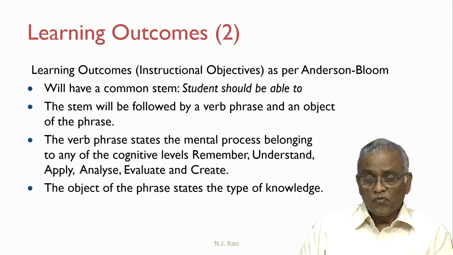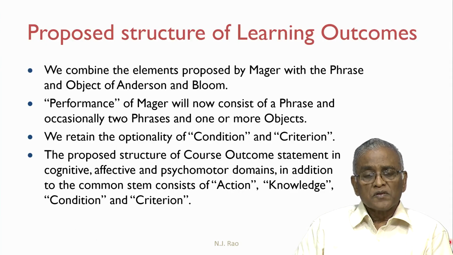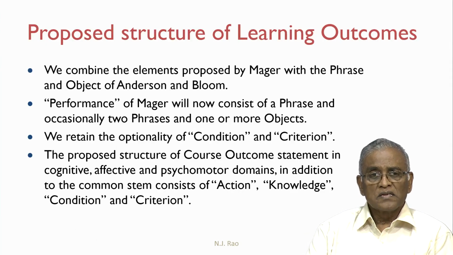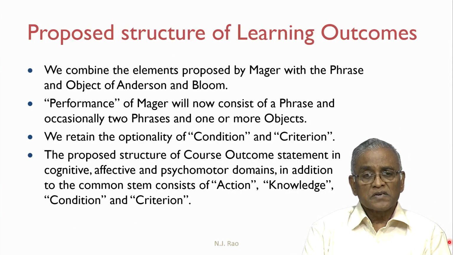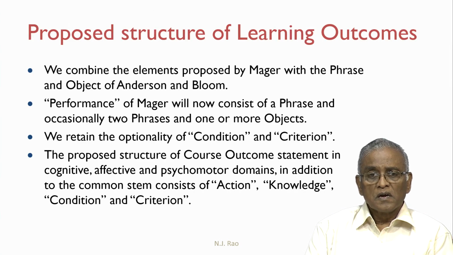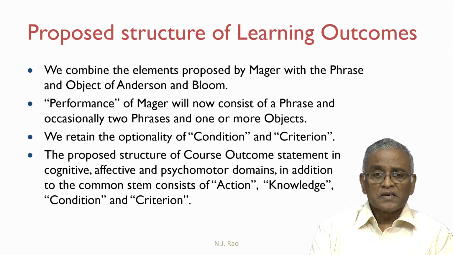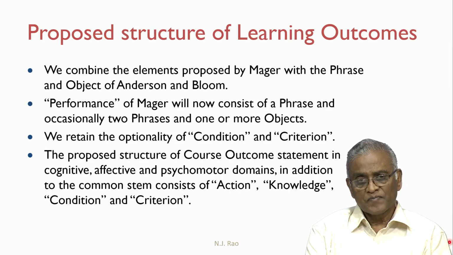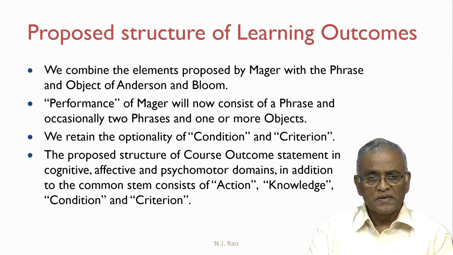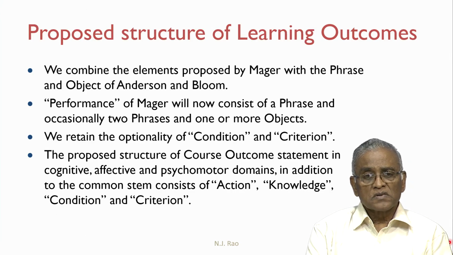So, we are combining these two, Mager style and the phrase and object of Anderson and Bloom, and we are proposing a structure for the learning outcomes. We retain the optionality of condition and criterion. So, in some cases you have them, so we retain that optionality.